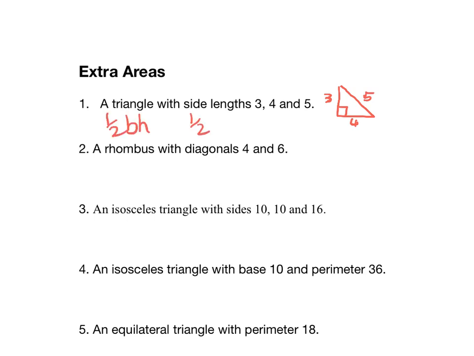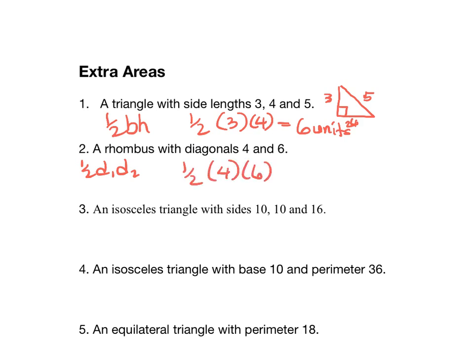So 1/2, 3 times 4, and this will give me 6 units squared. A rhombus with diagonals 4 and 6. Remember, the formula is 1/2 diagonal 1 times diagonal 2. So 1/2, 4 times 6, and it gives me 12 units squared.